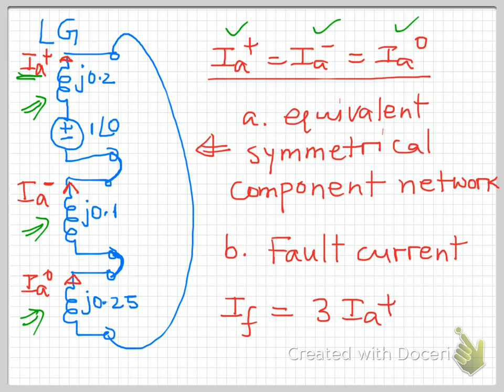Ohm's law, and Ohm's law is the voltage in a circuit divided by the total reactance. So total reactance is the sum of these, 0.2, 0.1, and 0.25. And the voltage is 1 per unit. So this current will be 1 divided by the sum of the reactances.